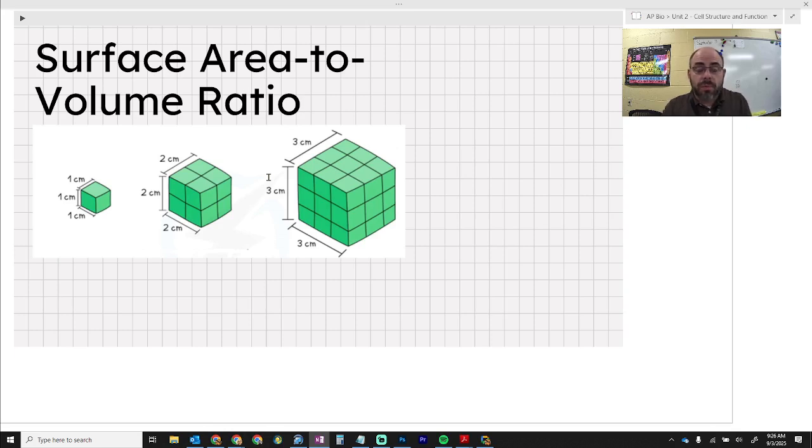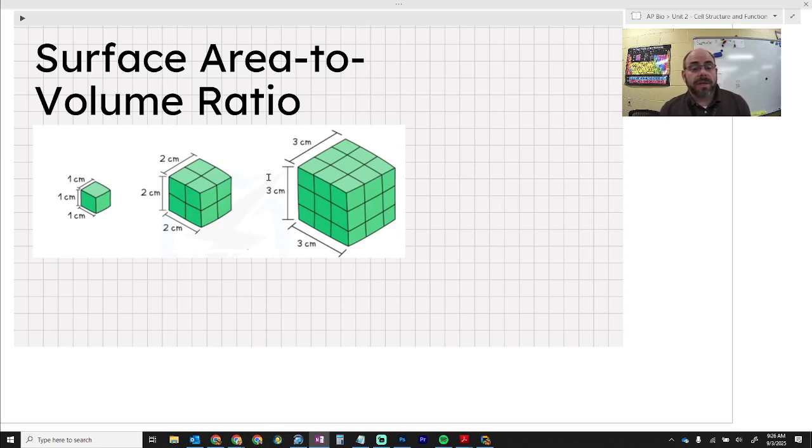The surface area of a 1 by 1 cube is 6. Right? 1 by 1 is 1, times 6 is 6. The volume of that cube is 1 times 1 times 1, length times width times height. So the surface area to volume ratio is 6 to 1, or 6. Well, let's look at the 2. What is the surface area? 2 times 2 is 4, times 6 is 24.